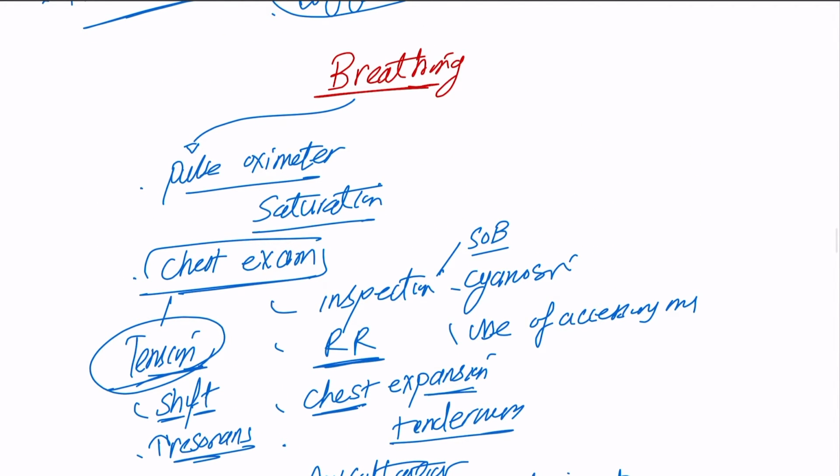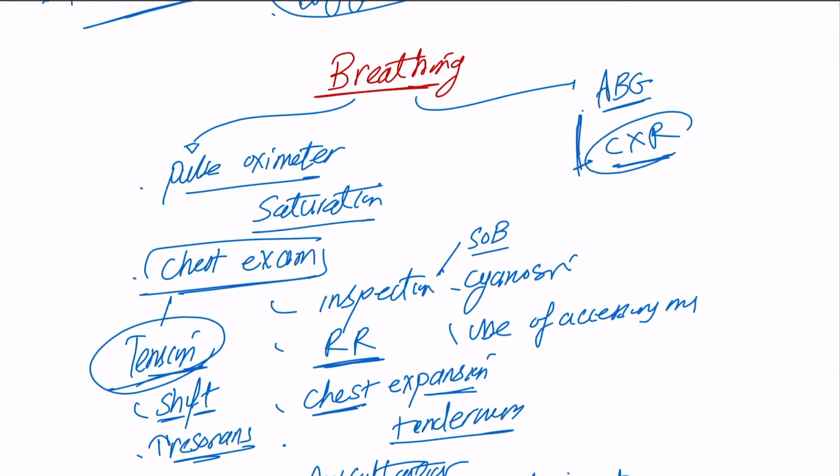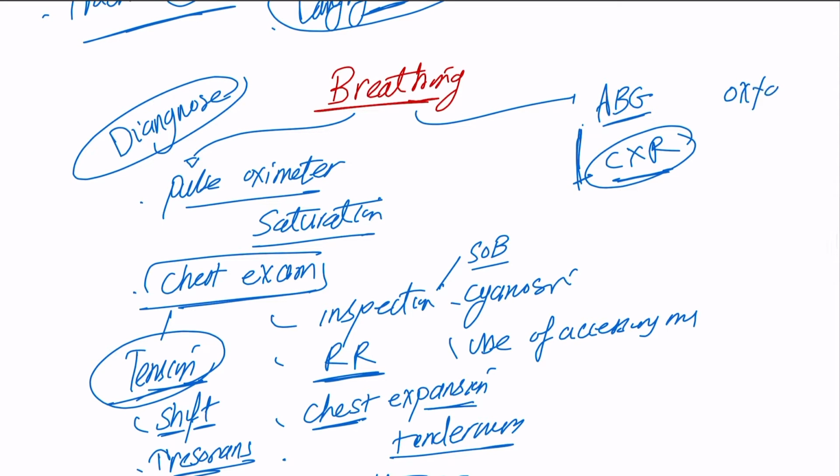We can also consider, while doing the breathing, getting an ABG and getting a chest X-ray if it's available. All right, but this should not delay your diagnosis. So all that we just mentioned will help you to diagnose the breathing. But to treat it, you can start your patient on oxygen.